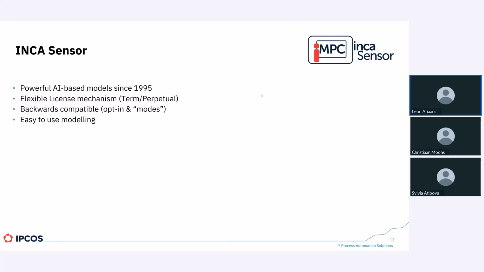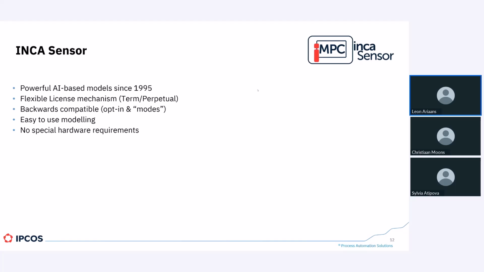We want this to be easy, so that also helps with maintaining your models. We also do not require special hardware to do the learning, as we would call it these days, the machine learning, or running the models online.